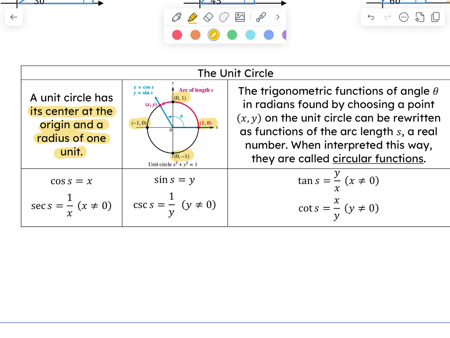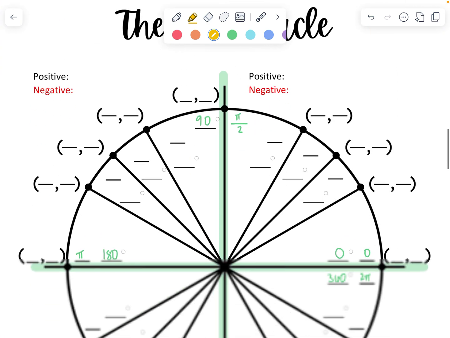If I'm going over to the right on the x-axis, that would be over 1, but I didn't go up or down, so the y value is 0. So it has an xy point that connects with it: 1, 0, 0, 1, negative 1, 0, and 0, negative 1. I'm going to label those on my circle as well.